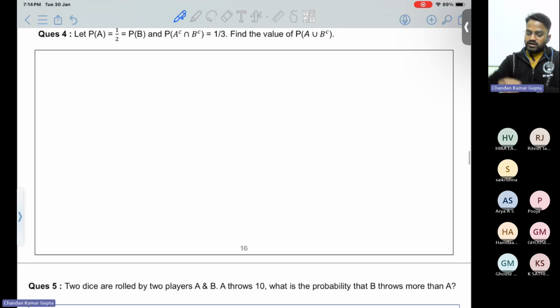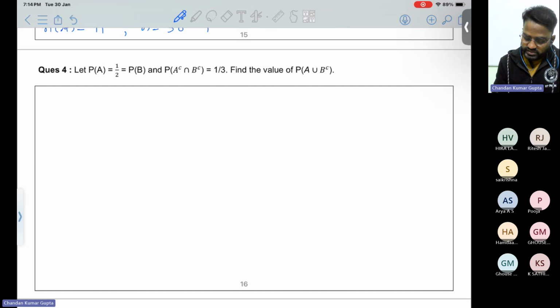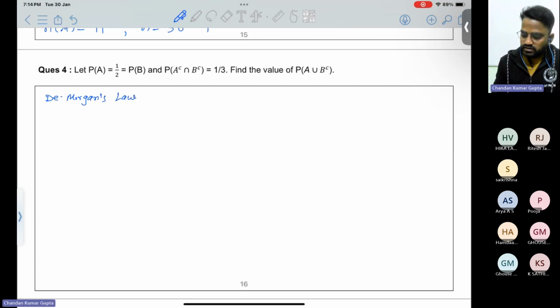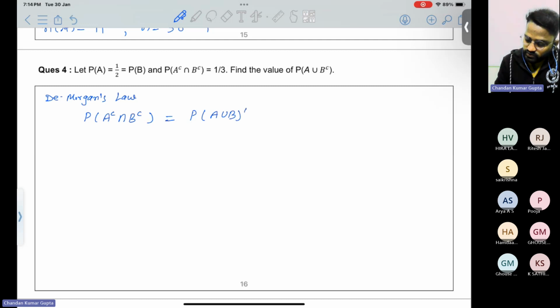Okay. First, we need to know about De Morgan's law here. It states like this: the probability of A complement intersection B complement equals the probability of the complement of A union B. The intersection is converted into union, and the complement that applied on both A and B is now applied on the union.